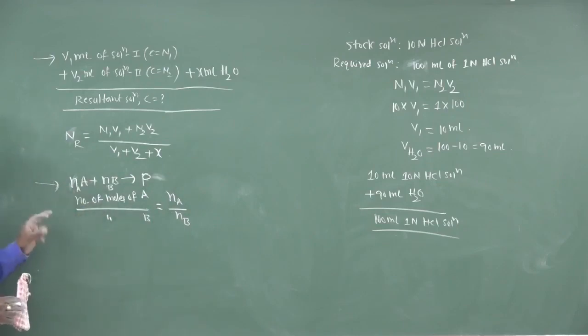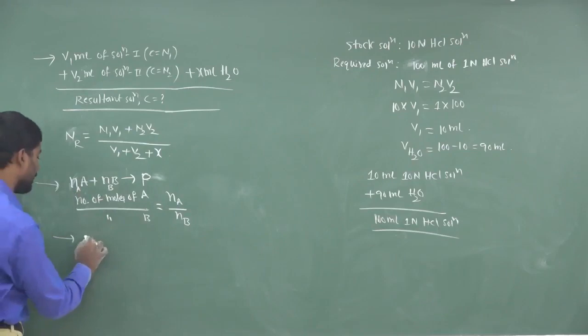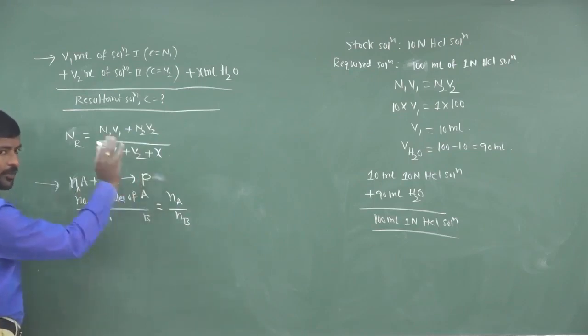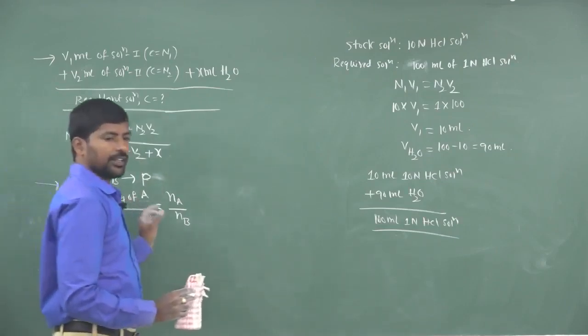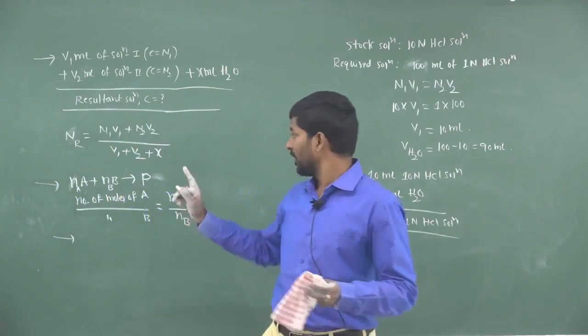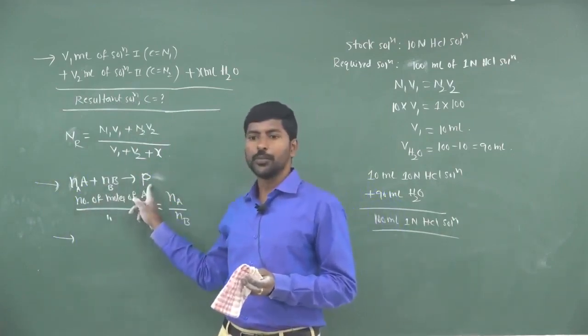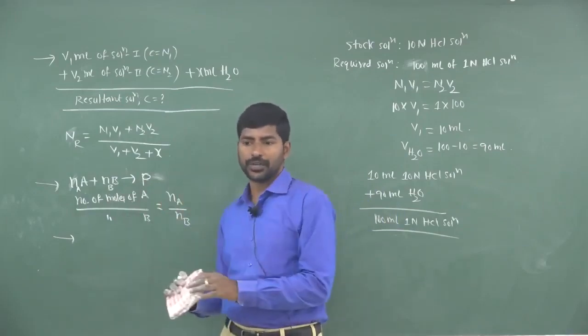But if you consider the same reaction, what about the number of gram equivalents of A, of B, and of the product? The number of gram equivalents of A is equal to the number of gram equivalents of B, which is equal to the number of gram equivalents of product. That is the advantage we have with gram equivalents.